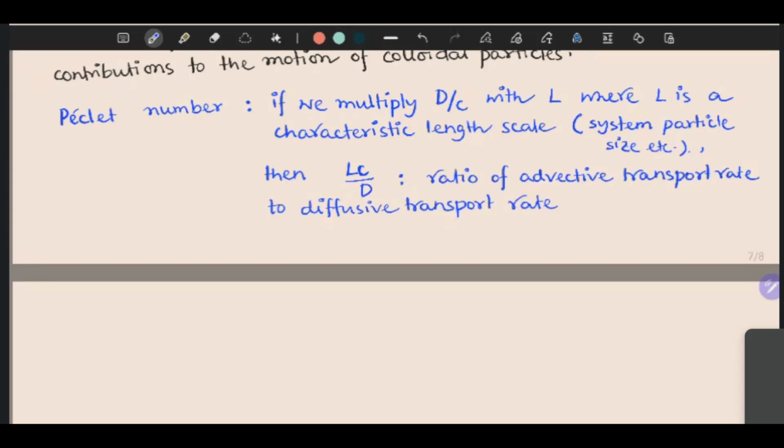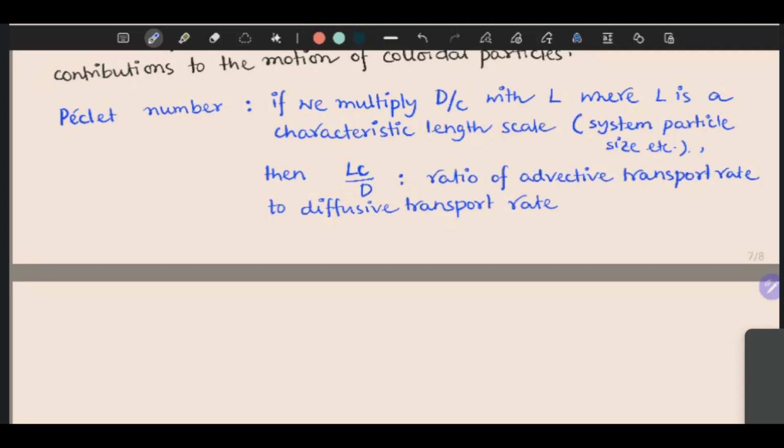Now the Smoluchowski equation actually gave good insights for sedimentation under gravity and this kind of thing.